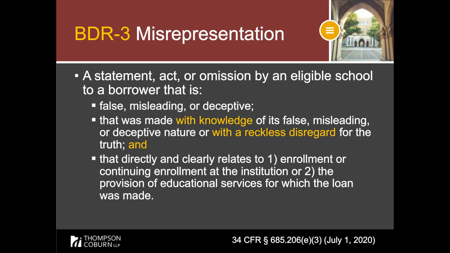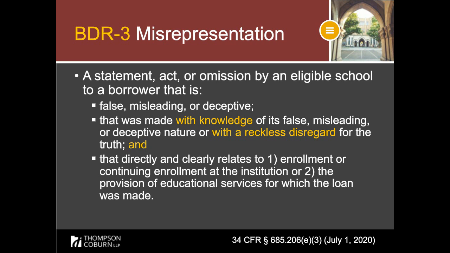But we believe that if an institution says something that is true, or if they make an inadvertent or innocent mistake, that is not the basis for a discharge. Now, I want to be clear. This administration isn't saying that if the school makes a mistake and it harms a student, the school shouldn't make it right, because the school should make it right, right? And hopefully everyone on the phone agrees and everyone out there in the community agrees.